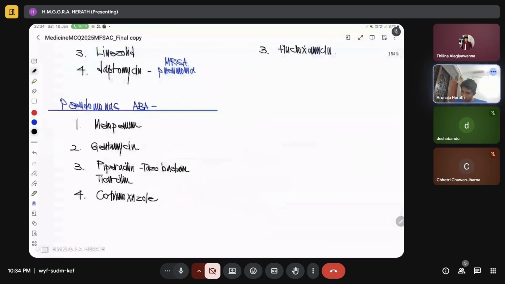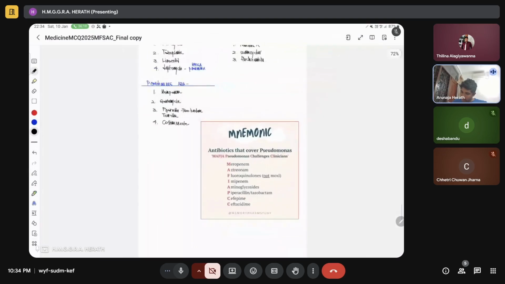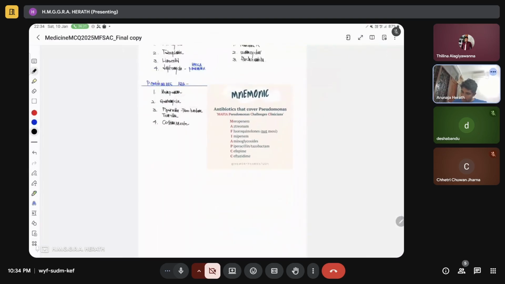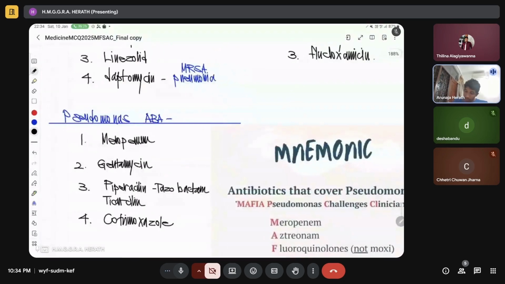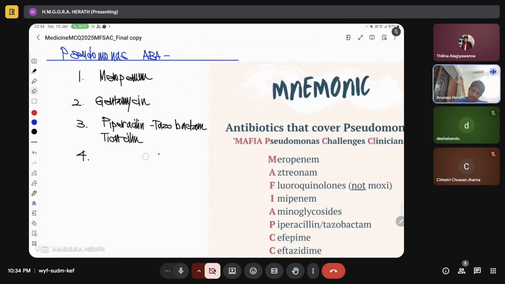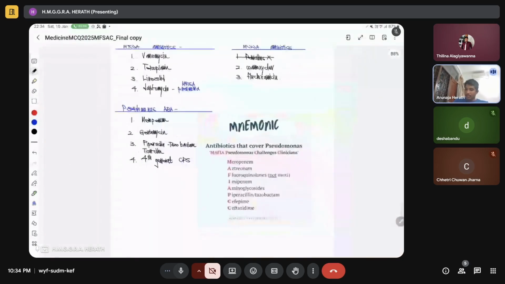Mafia pseudomonas. Meropenem, ceftazidime, fluoroquinolones, imipenem, gentamicin, tazobactam, and then not cotrimoxazole. Fourth generation cephalosporins are also effective for pseudomonas. Fourth generation cephalosporins.